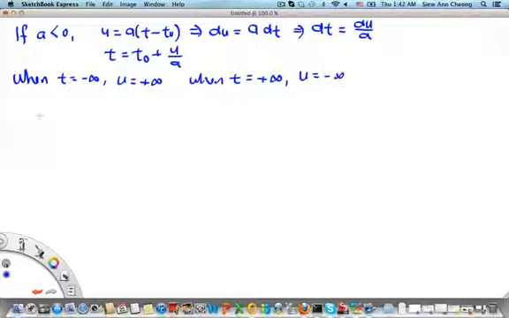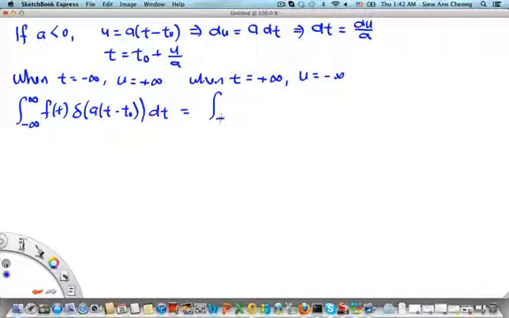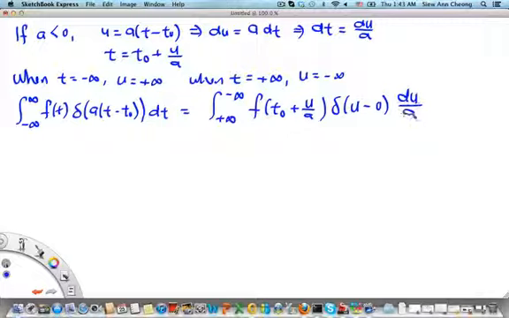So let's put all those together. We will find that the integral from minus infinity to infinity of f of t delta(a times (t minus t naught)) dt, for a negative, is equal to the integral from positive infinity to negative infinity of f of (t naught plus u over a) multiplied by delta(u minus 0), and then here we have du over a.